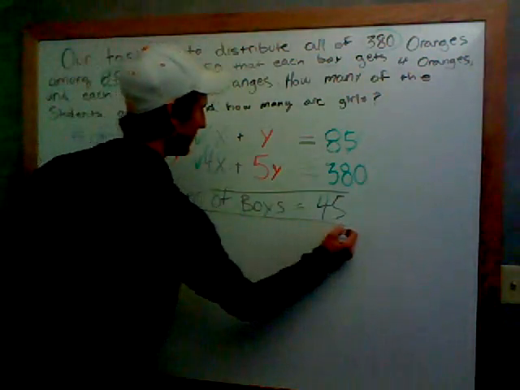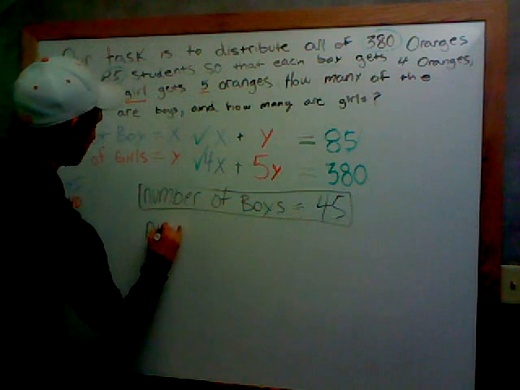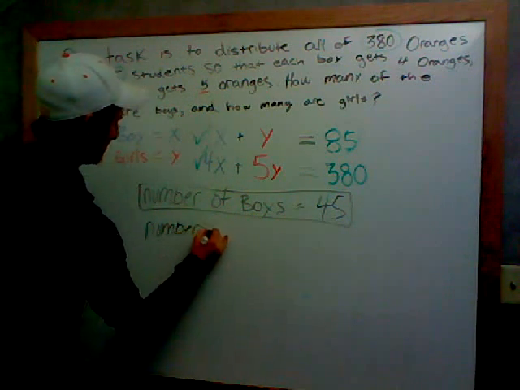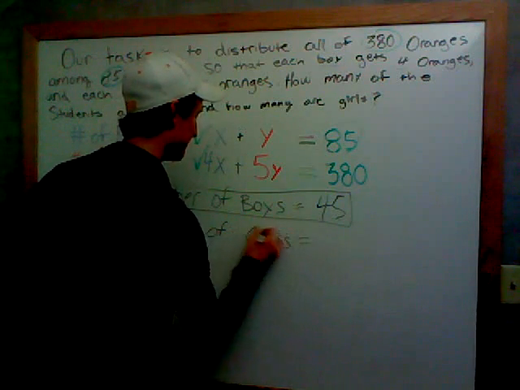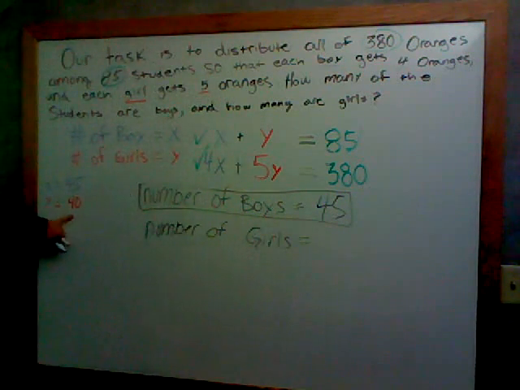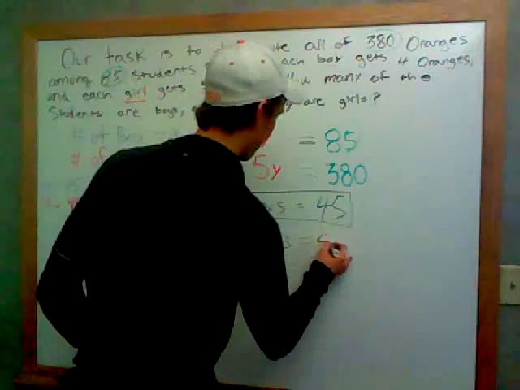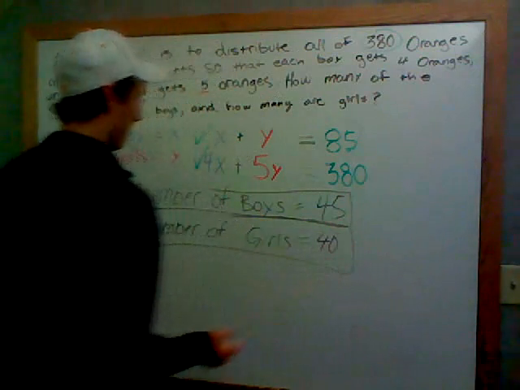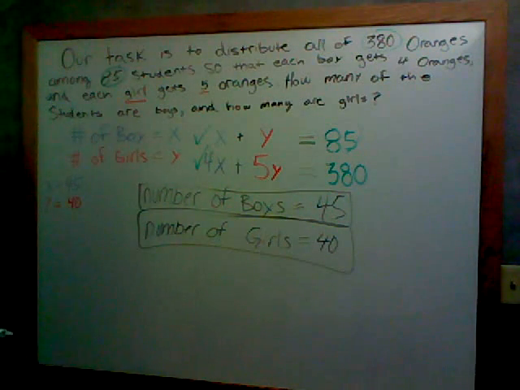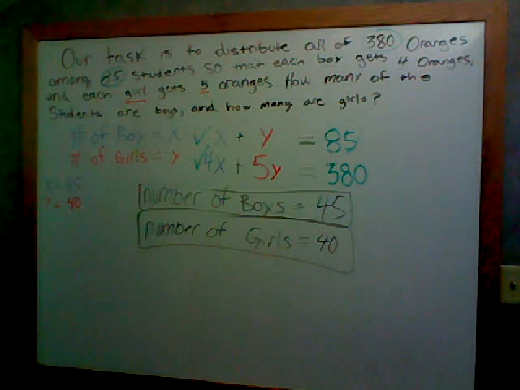That's the first answer there. And the number of girls is equal to 40. And that is how you solve a two-variable linear equation.